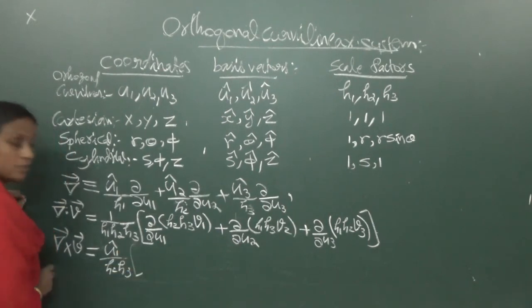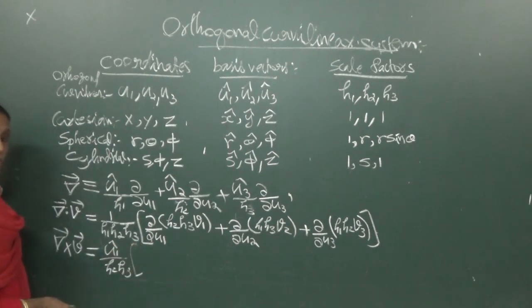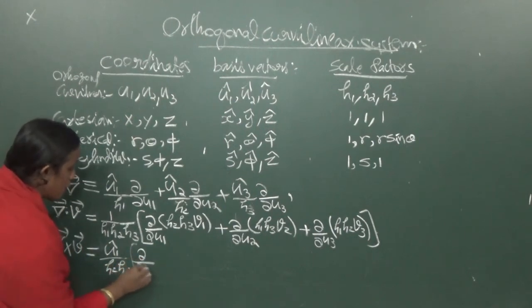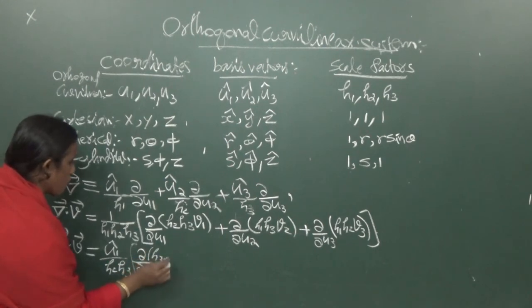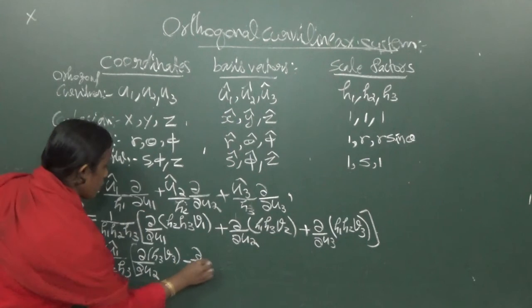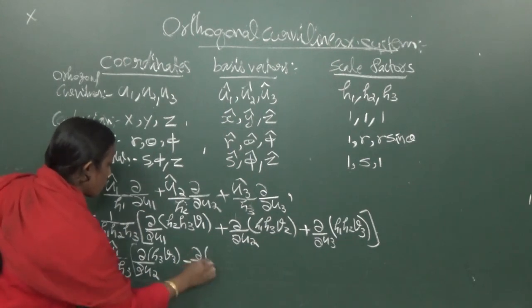Then inside, to get u1 you have to differentiate with u2 and u3. So first write dou by dou u2 of h3 v3 minus dou by dou u3 of h2 v2.